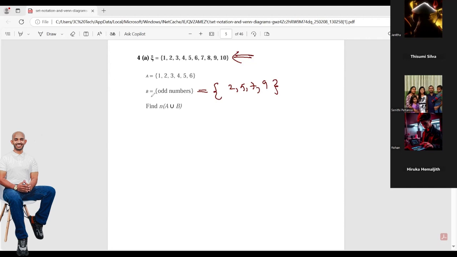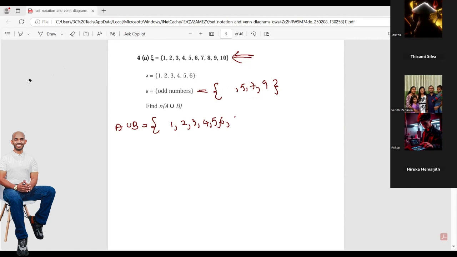Then we have to get A union B. So what is A union B? In A union B, we have to include the elements which are in A and B, but we can't repeat the same element again and again. 1, 2, 3, 4, 5, 6 are the elements in A. For the set B, the odd numbers, we can't get the 2, right?